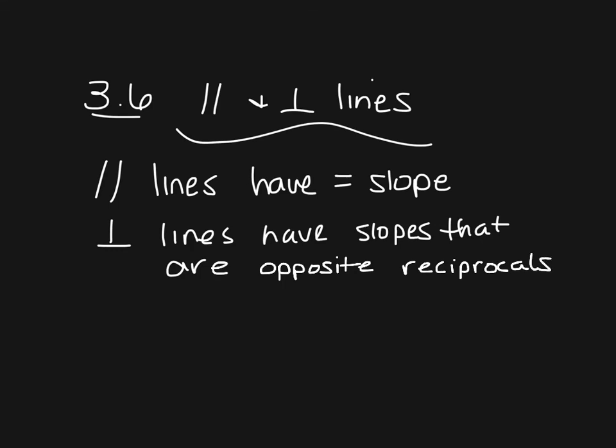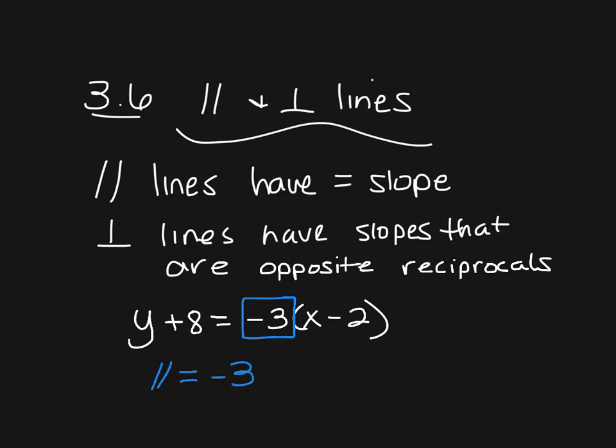So if it said to find the slope of a line that is parallel to a given line, then the slope would be the same. If I took that last example, y plus 8 equals -3 times x minus 2, and said what's the slope of a line that's parallel to this, the slope of this line is -3, so the slope of a parallel line would also be -3. And for the slope of a perpendicular line, I would change the sign, so it goes from negative to positive, and make the reciprocal. So 3 over 1 would become 1 over 3.